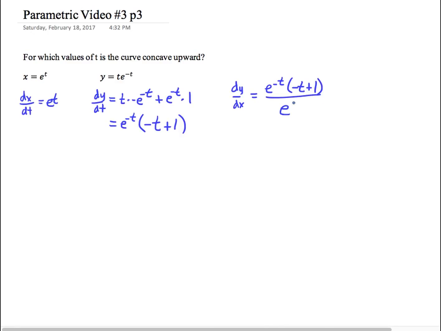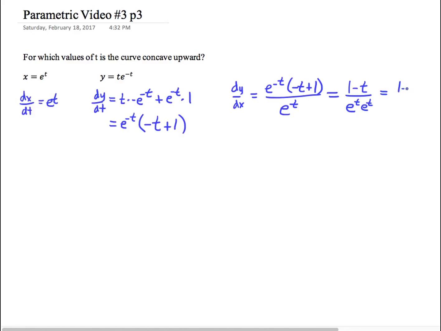So it's going to be e to the t, and you can see the reason that I did simplify there is now I'm able to do some cancellation. Well, I shouldn't say cancellation, because this e to the negative t is really going to be down here. So, I mean, I have some options. I could say on top this is 1 minus t, right? And on bottom I have e to the t, e to the t.